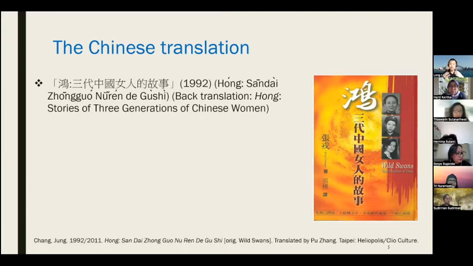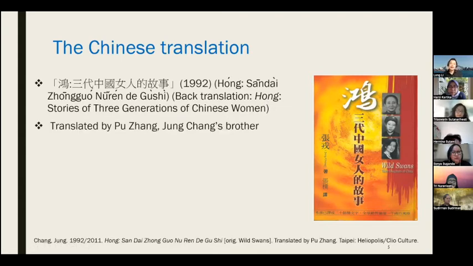But we'll talk about the differences in the title and subtitle later. And the reason I have not back translated the character Hong will be revealed later as well. So this was translated by Pu Zhang, who is in fact the brother of the author, Jung Chang.